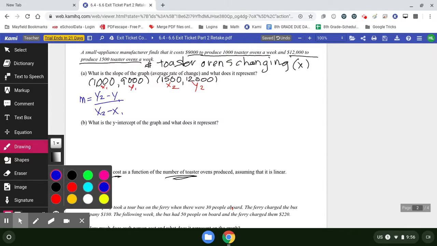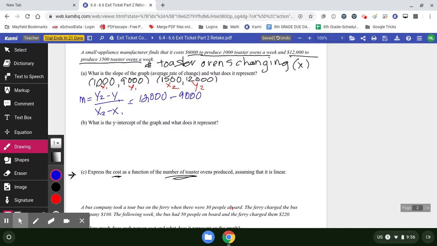And I'm going to fill that in using those numbers. So y2 is 12,000 minus y1, 9,000 over x2, 1,500 minus x1, 1,000.